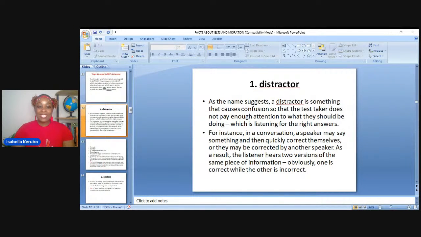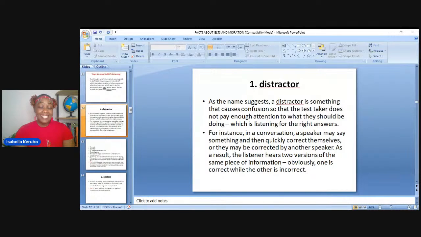For example, a speaker may say something and quickly correct themselves. Or, if it's a conversation between two people or a discussion between three to four people, one speaker will say this and another speaker will correct them. Or the speaker in a monologue will say something and right away correct themselves.